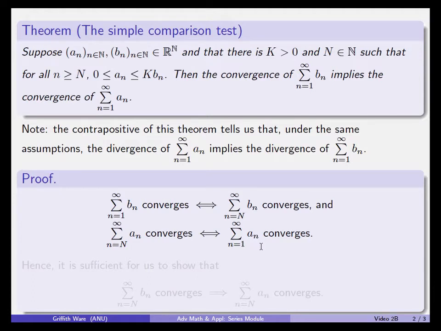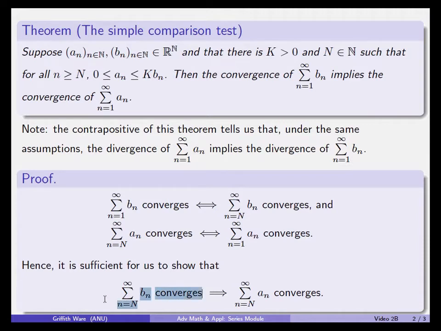So if we want to prove this theorem, namely that the convergence of BN implies the convergence of AN, it's sufficient for us to just look at the tails and prove that if the tail of the BN converges, then the tail of the AN converges. Now, how does the logic flow through here? Well, essentially, we want to show that if this converges, this converges.